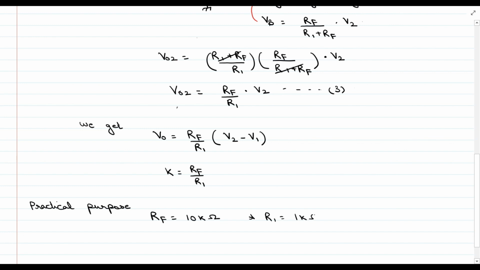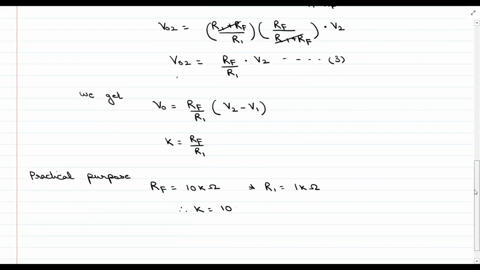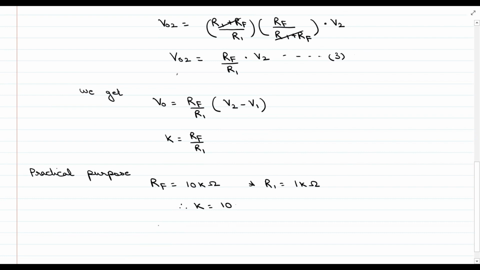Therefore, the amplification factor K is equal to 10. Therefore, output equation is 10 times the value of V2 minus V1.